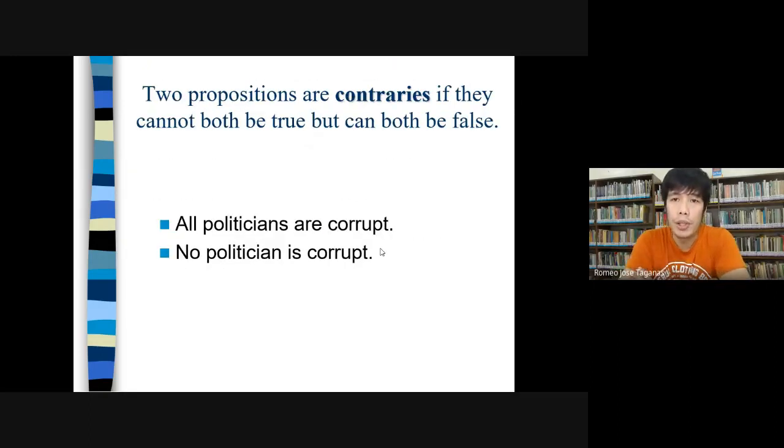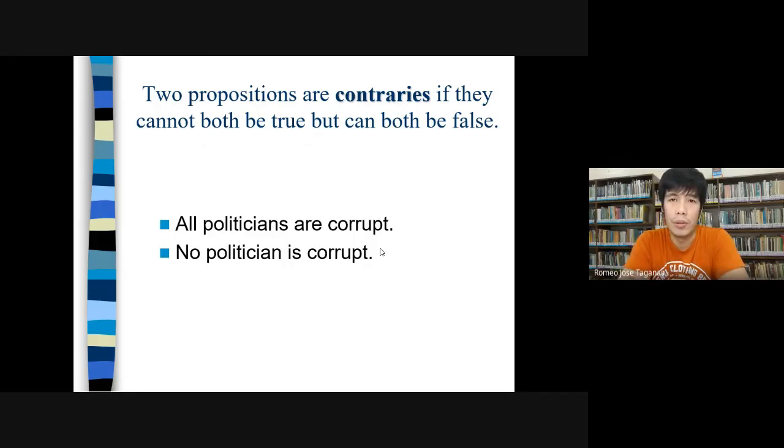Two propositions are contraries if they cannot both be true but can both be false. Ang dalawang propositions ay contrary kung hindi pwede sila parehong tama pero maaaring pareho silang mali. Halimbawa natin dito, all politicians are corrupt.